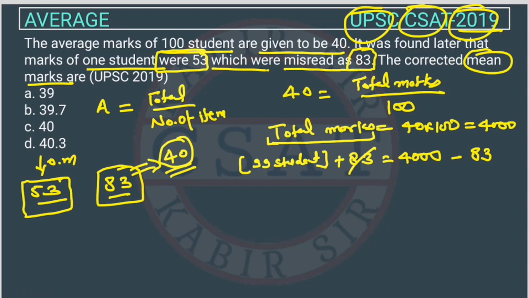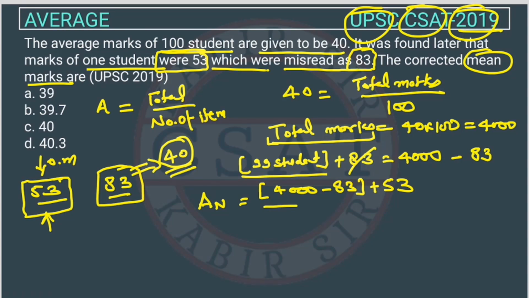So now the new average, right? And the new average will be the total marks of 99 students. So total marks of 99 students is this much, right? Plus the marks of this one student, so its original marks is 53. So this will be divided by 100, right?